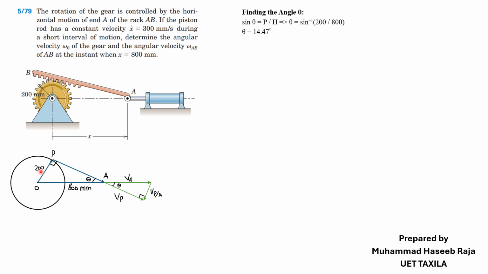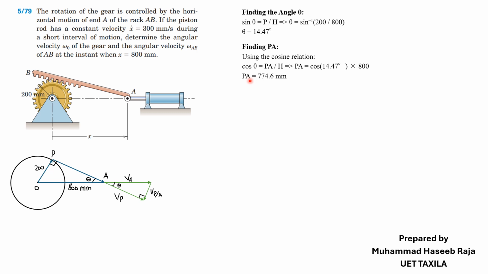We see the perpendicular is 200 mm and the hypotenuse is 800 mm, so we found theta. Our next step is to find the distance PA. This is the base, so using the cosine relation, cos theta is equal to base over hypotenuse. So hypotenuse multiplied by cos theta is equal to the base, which is PA.